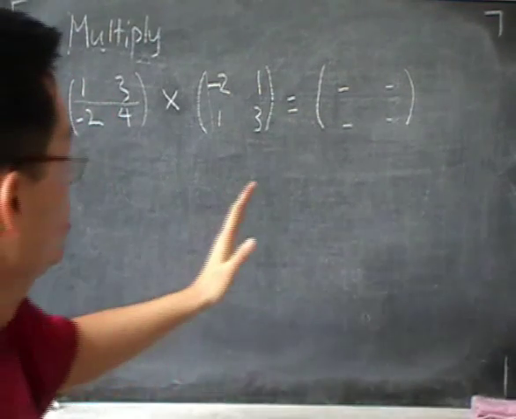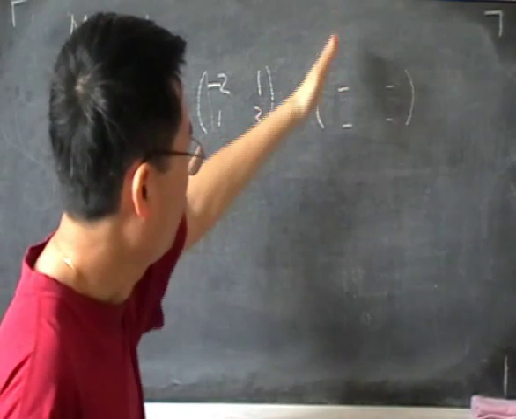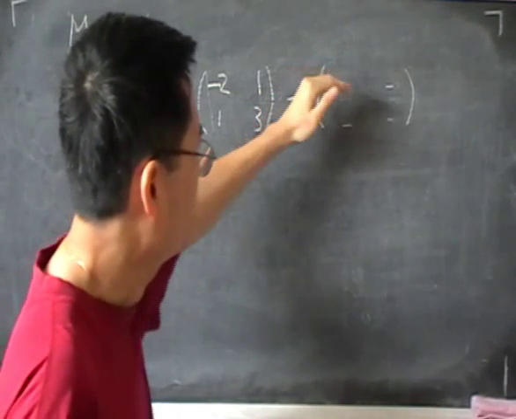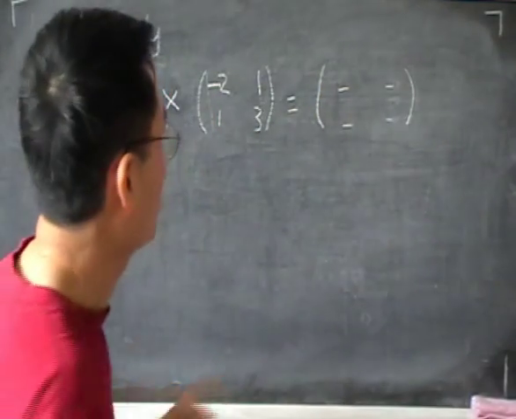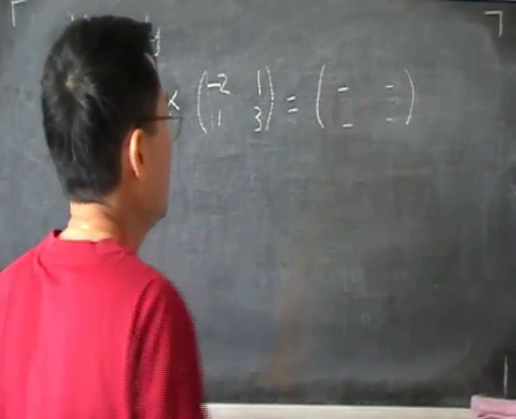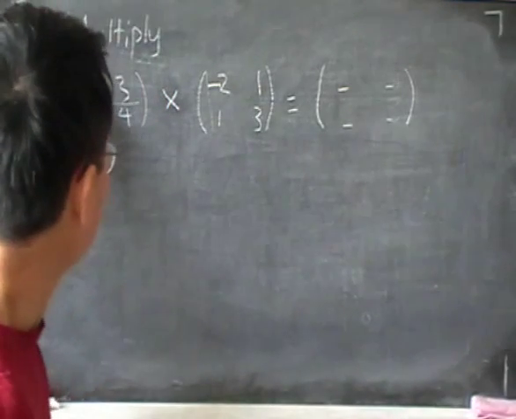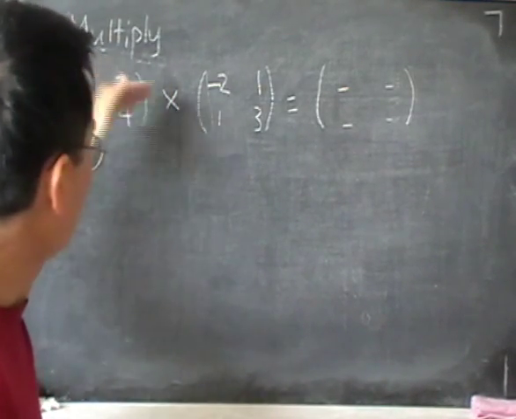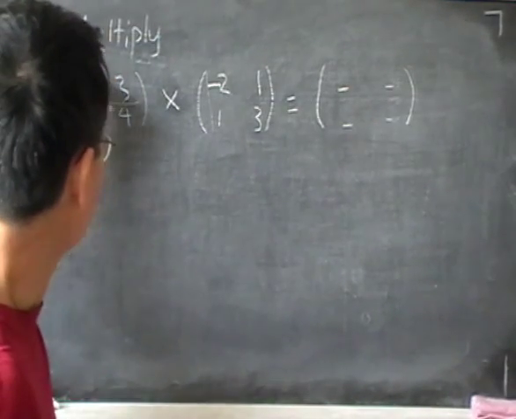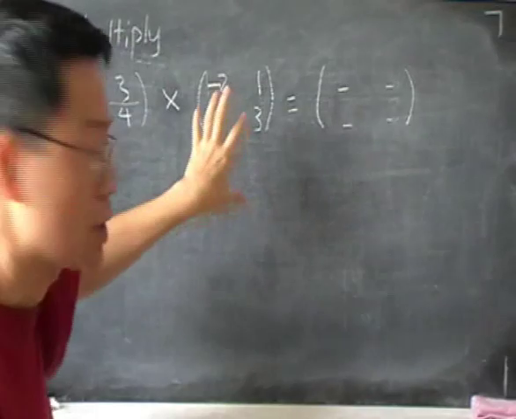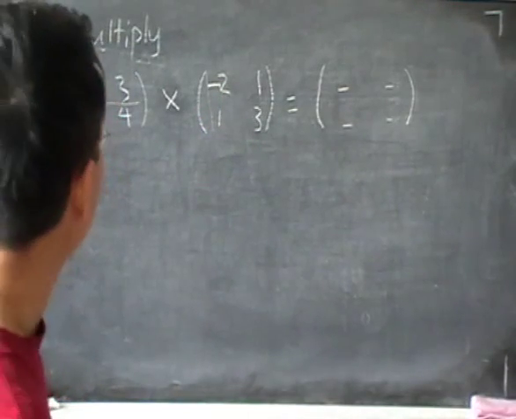So in order to get the answer for the first row and first column of the answer, I need to make use of numbers from also the first row and the first column. Alright, the first row of the first one and the first column of the second matrix.